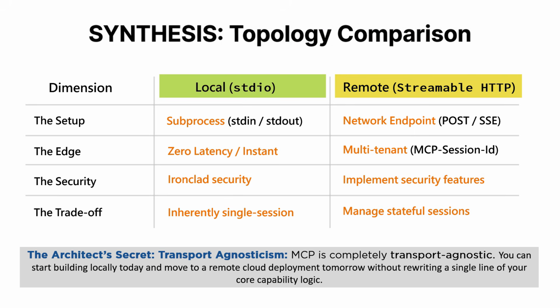Bottom line is, choose local if you are building a desktop productivity tool or need the ultimate privacy of on-device processing. And choose remote if you are deploying a company-wide AI copilot or managing complex multi-user workflows. So, which flavor of MCP are you going to build first?